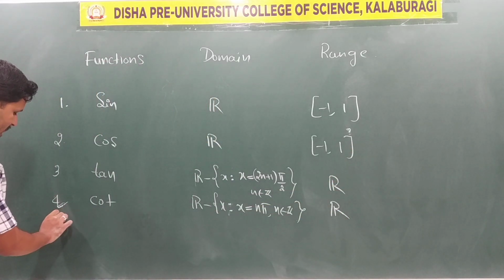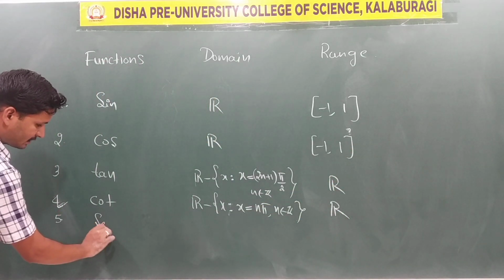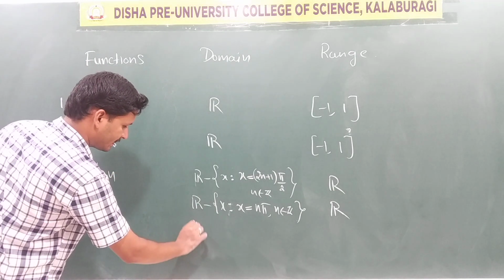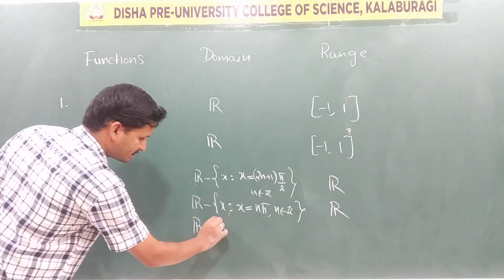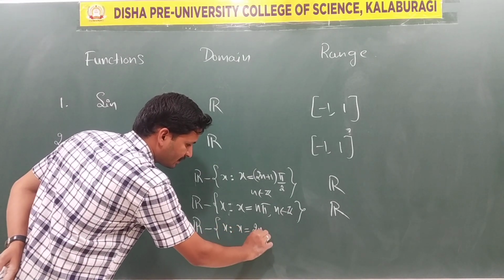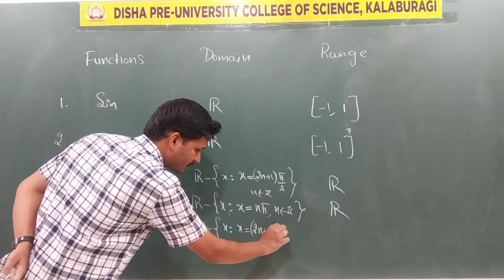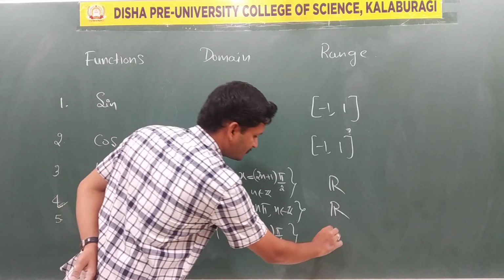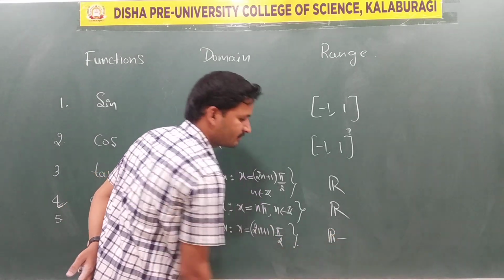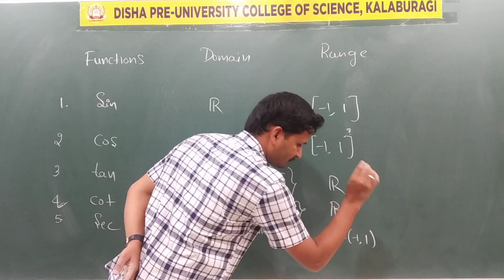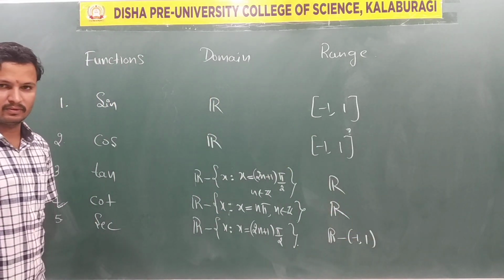And the fifth one is the secant function, whose domain is the entire real number system except odd multiples of π/2, and the range is the entire real number system except the open interval −1 to 1.